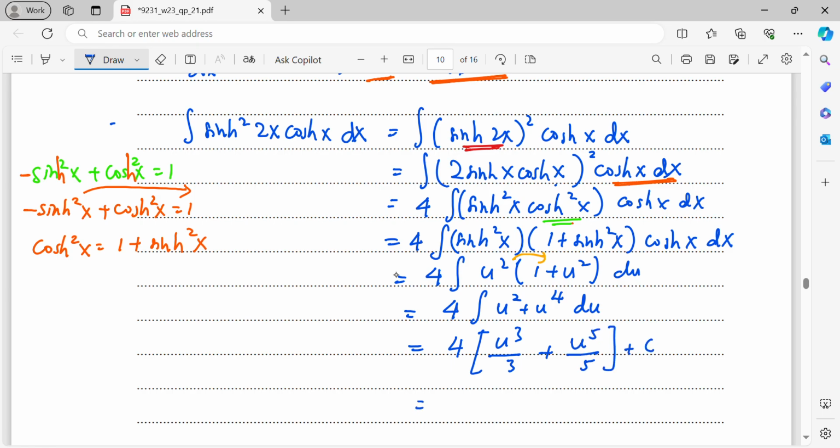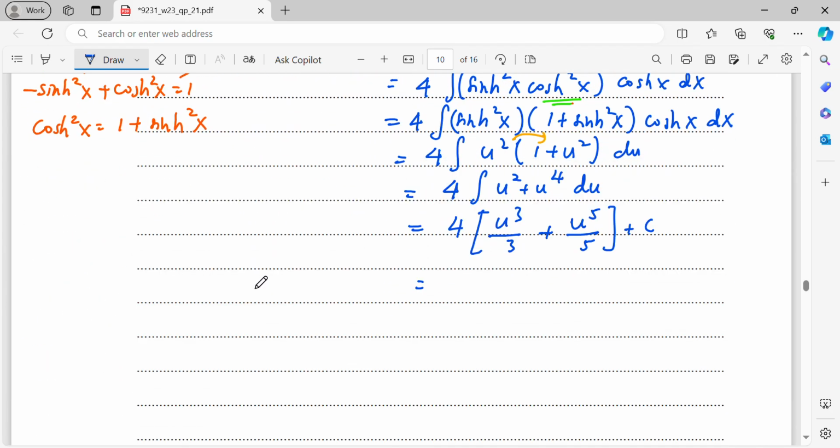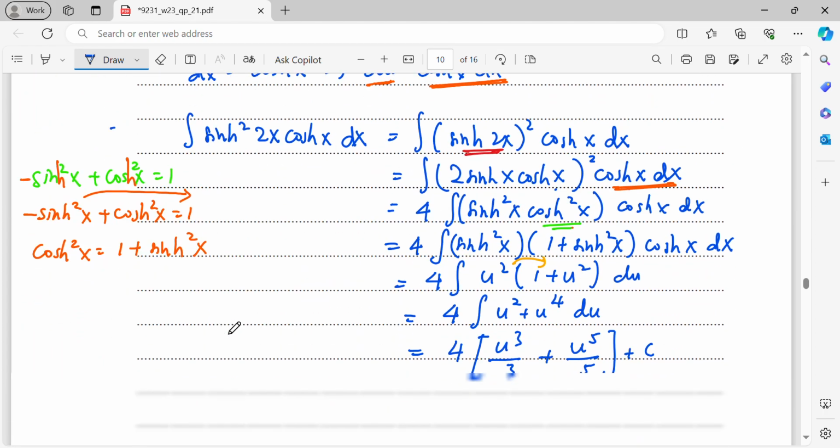Then from here, you just replace back because we know that our u is sinh x. So u to the degree 3 is basically sinh cubed x. Then this 4, you multiply into the 1 over 5, that is 4 over 5. You can just multiply it in or you can leave it outside, it's up to you. So 4 over 5 sinh to the degree 5 x followed by plus c. So this is your integration.